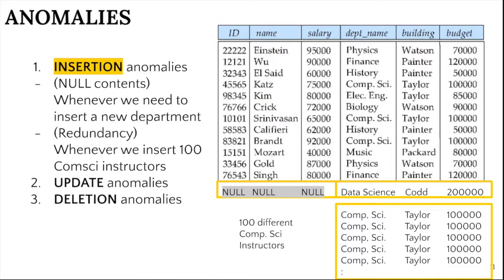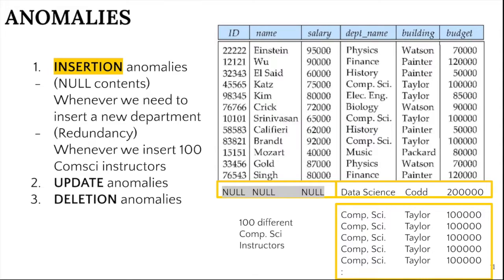That is what it means. So, if I insert the department Data Science with a building COD, for example, and a budget of 200,000, this will cause some of the elements to be null. Because, suppose it's a new department and there are no instructors yet, of course I can't put an instructor in the instructor part of the whole table. So, it will have null contents.